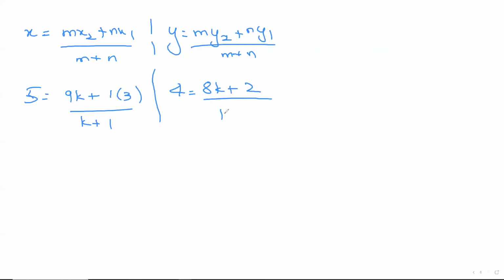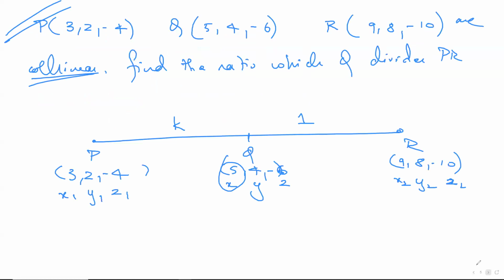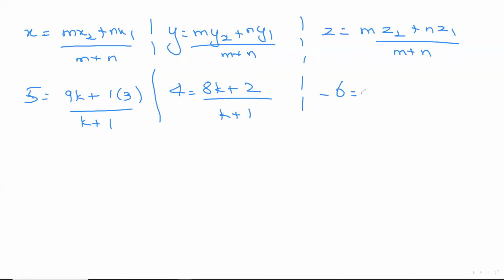N is anyway 1, becomes K plus 1. I hope you guys see where I'm going. It is all applying the same concept as in the previous question. It's just that I'm writing the formula for you guys. In your MCQ, you can skip the formula and get to the answer directly. Z's value here is minus 6. Be careful with the sign. It becomes minus 10K minus 4, by K plus 1. You check that.